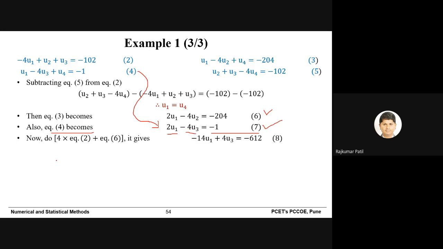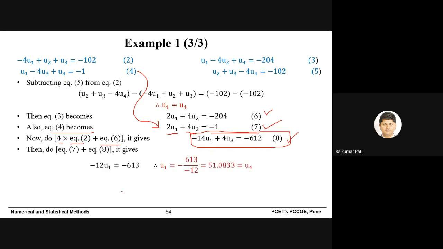Now you need to do some operations. Multiply equation 2 by 4 and then add equation number 6, and it will give you another equation: minus 14u1 plus 4u3 equal to minus 612. Let's call it equation number 8.